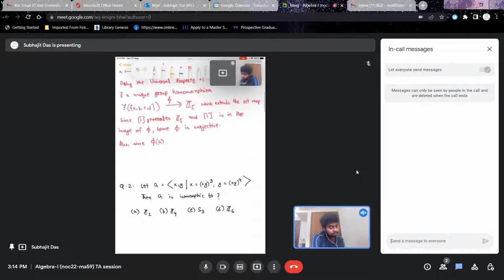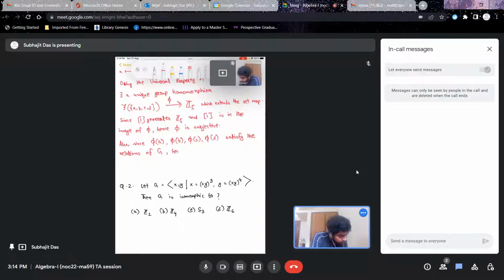So since phi A, phi B, phi C, phi D satisfy the relations, we have already checked this. Phi A is 1, phi B is 3, phi C is 4, and phi D is 2. Since they satisfy the relations of G, right?